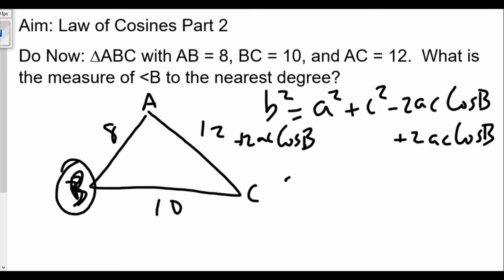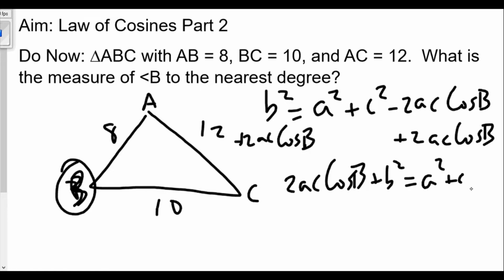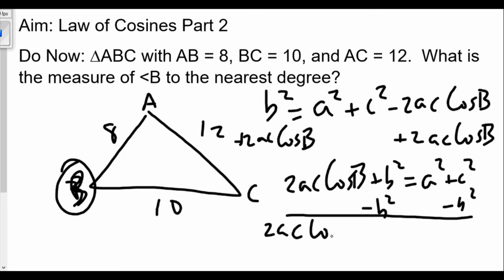So now I have 2ac cosine of B plus b squared equals a squared plus c squared. Now I'm going to subtract b squared from both sides. Now I have 2ac cosine of B is equal to a squared plus c squared minus b squared, and then divide everything by 2ac.